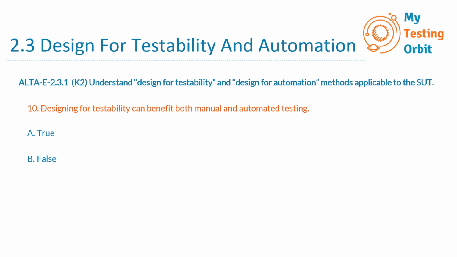A good design of the test cases, and the ability to test a software under test, is advantageous for both manual and automated testing. So the first option will be the right one, which is true.